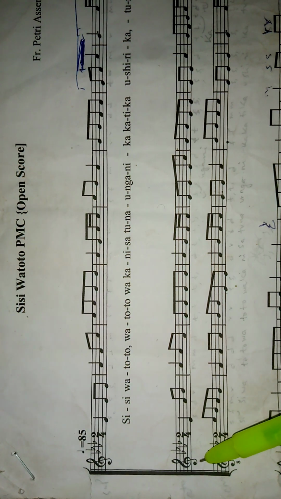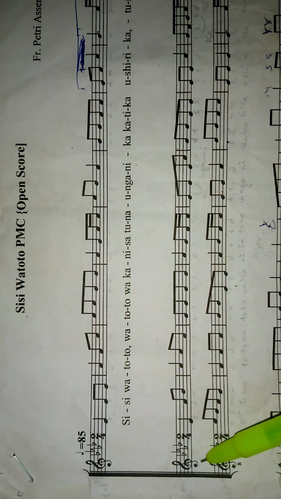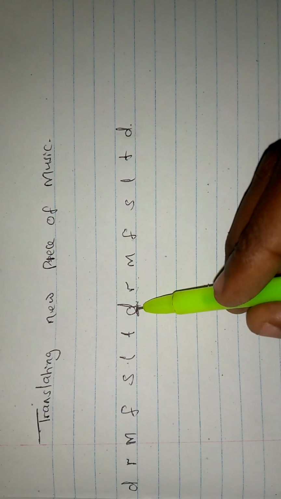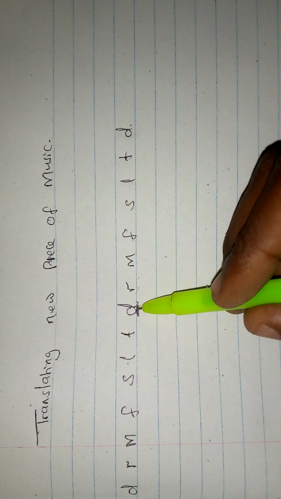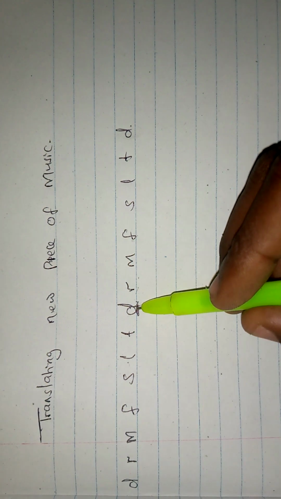So let's say the Do begins at this point. Now with the 8 indicated below the clef, Do would begin an octave lower.